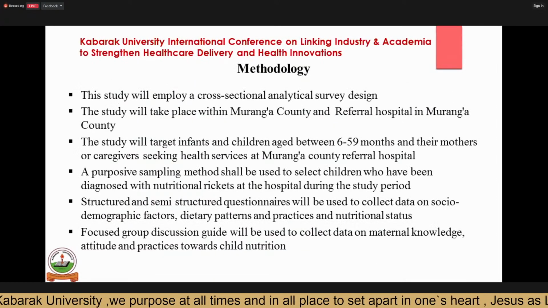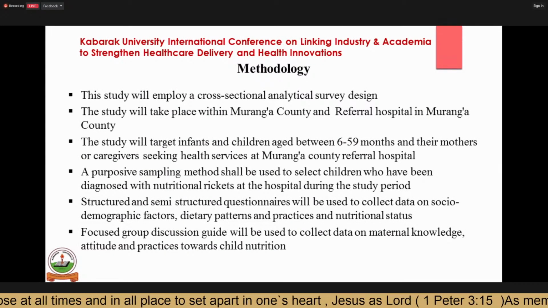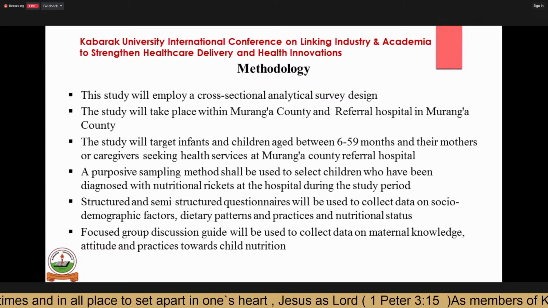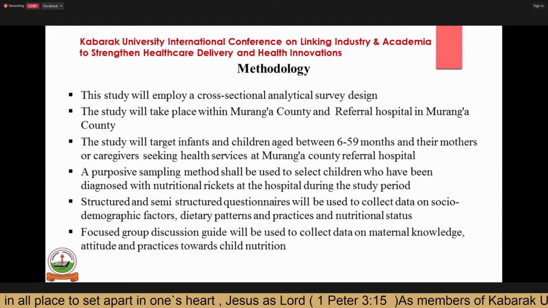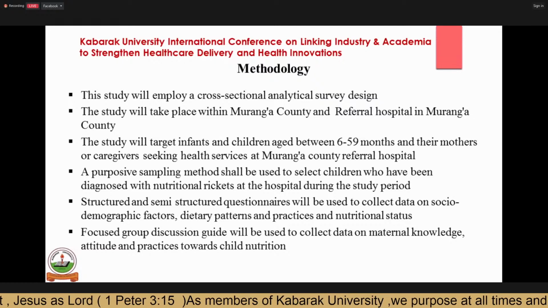The methodology is that this study will employ a cross-sectional study. It will take place in Moranga County Referral Hospital. It will target children 6 to 59 months and their mothers or caregivers, those who seek care in this referral hospital.